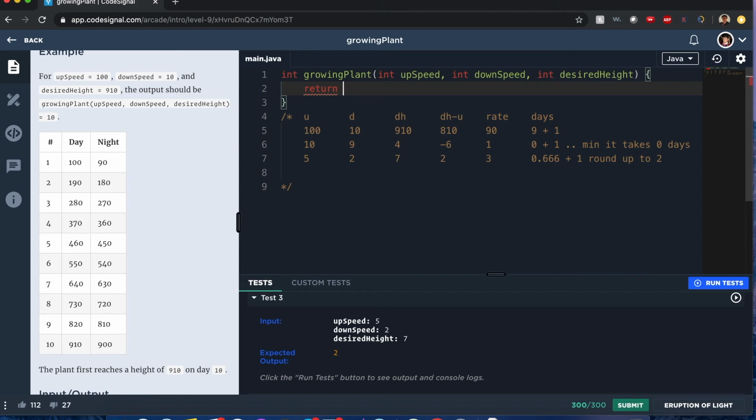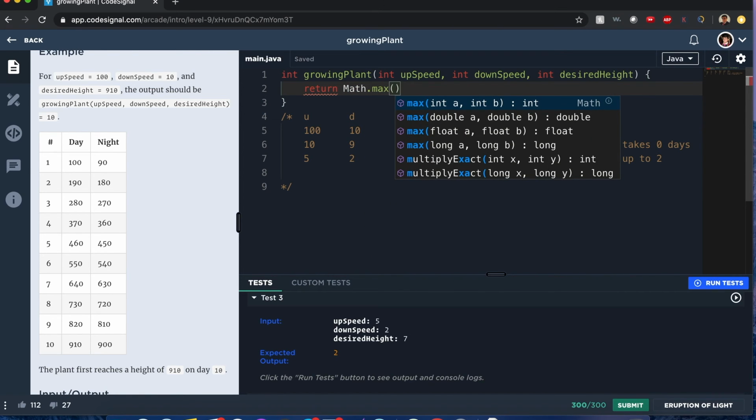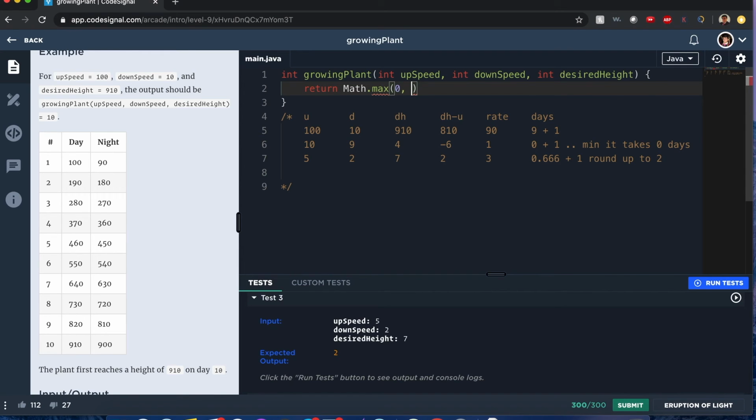So let's think about this. We know definitely that we have to incorporate that there's at least 0 days in between, plus 1 to reach that perfect height. The first day it could actually reach that perfect height because its upspeed would be equal or greater than the desired height.